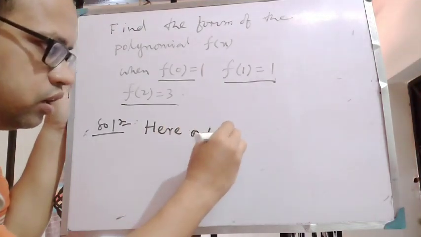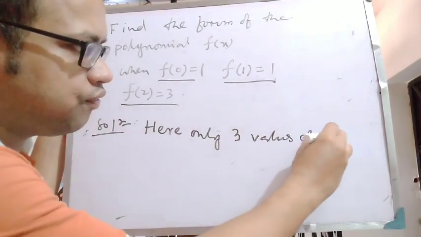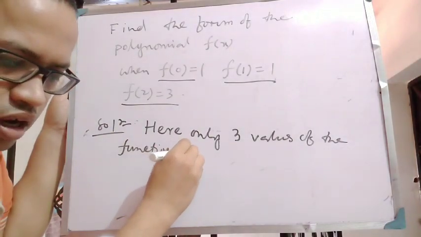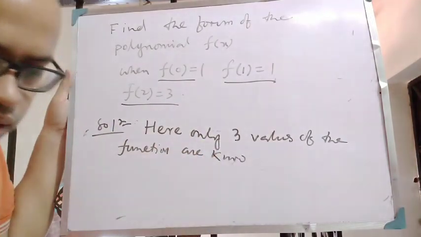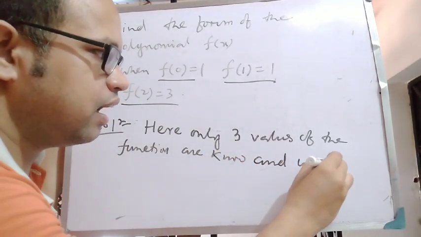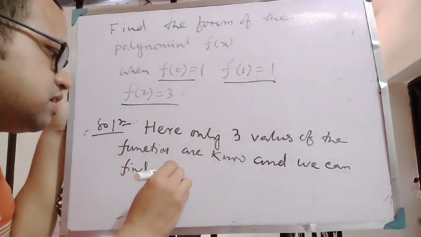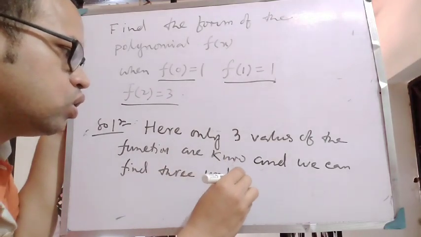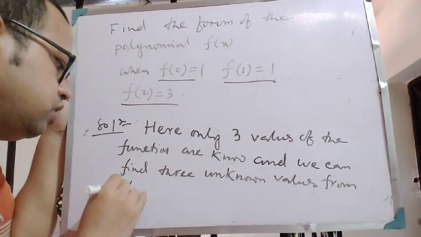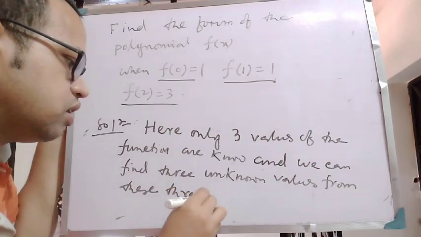Here only three values of the function are known, and we can find three unknown values from these three equations.